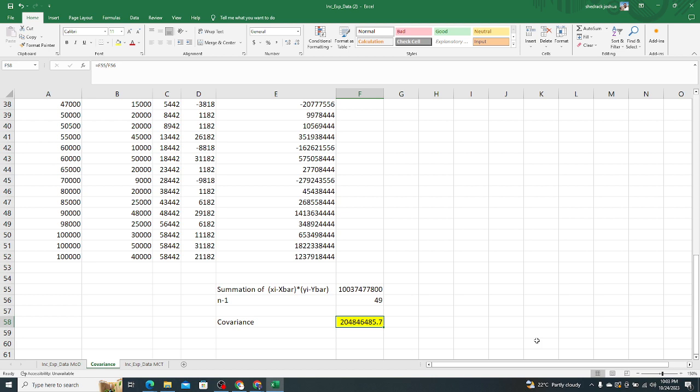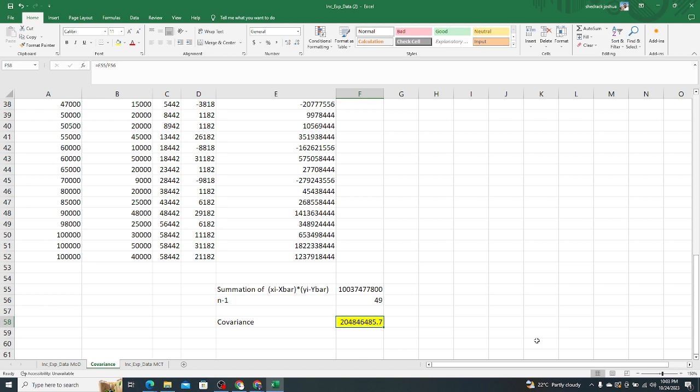That's what it is trying to show us. An increase in income will trigger a positive change to the other variable. If the income is increasing, then the expenses will tend to increase.